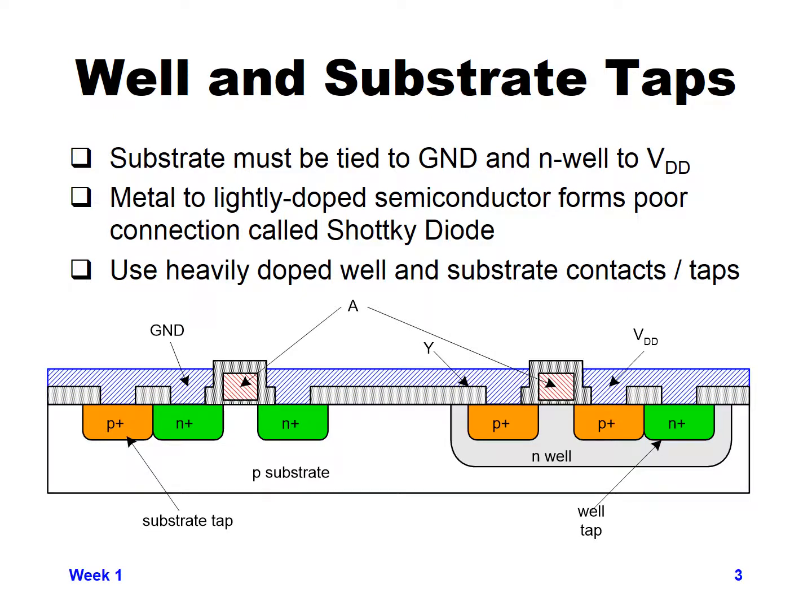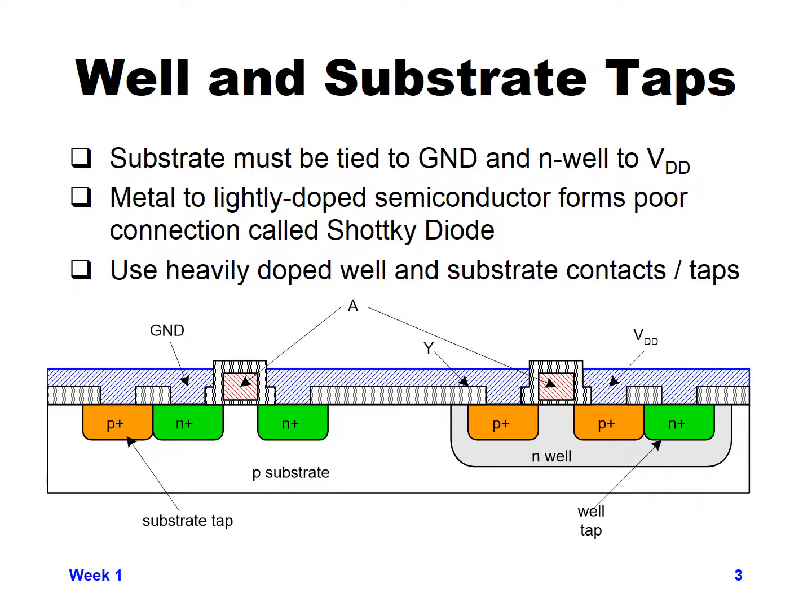So this is showing that same inverter diagram, but with the additional connections for the body connections of the N and P devices. In order to connect the NMOS device, which is on the left hand side, the body of the NMOS device is the P substrate. So that means we need a P plus type material to connect our metal to.